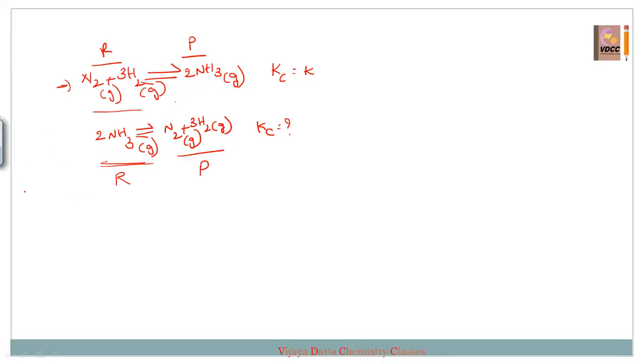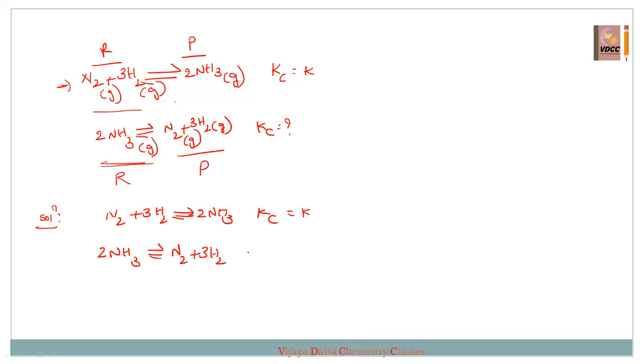Here is our solution, a small shortcut. If N2 plus 3H2 gives rise to 2NH3, then the Kc value is K. If they are asking by reversing the reaction, 2NH3 gives rise to N2 plus 3H2, then the Kc value for this reaction, this one I will take as 2, this one I will take as 1.